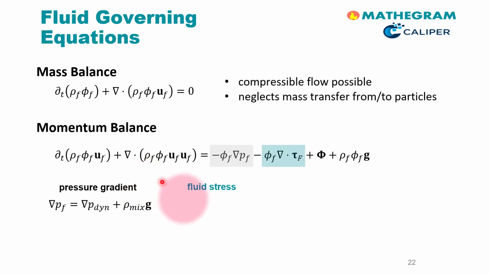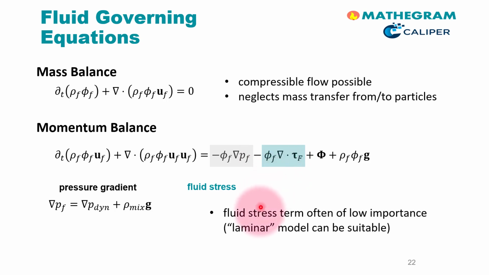The second term is the fluid deviatoric stress term here in the blue shaded box. Note that this term is often of low importance compared to the other contributions, especially in flows with a high particle to fluid density ratio, such as in the case of gas particle flows.